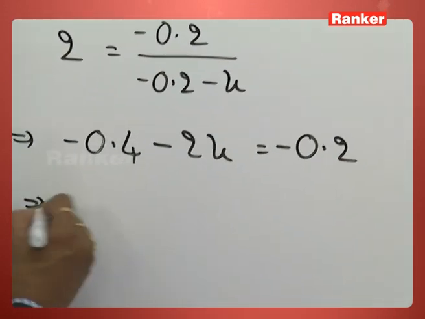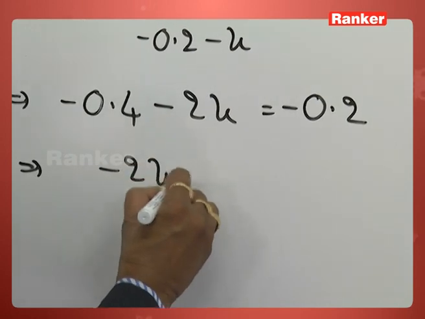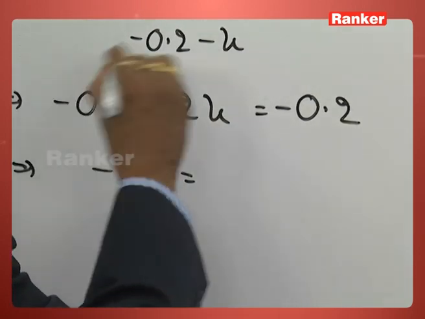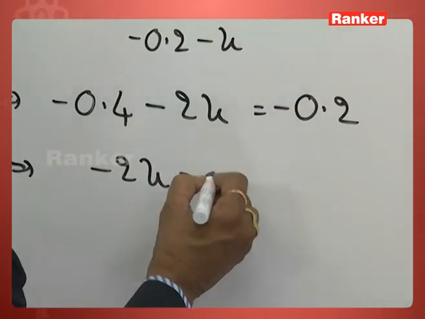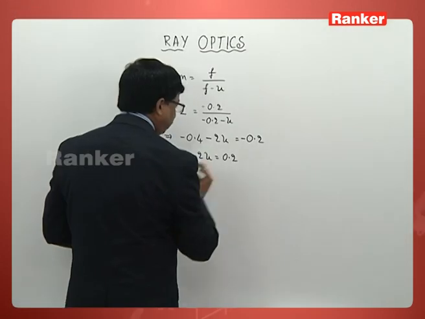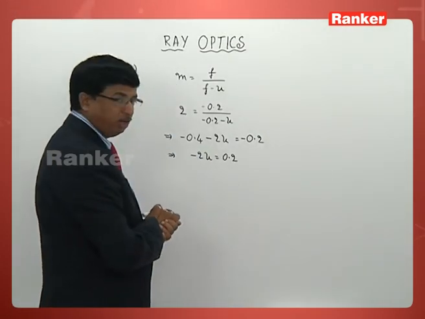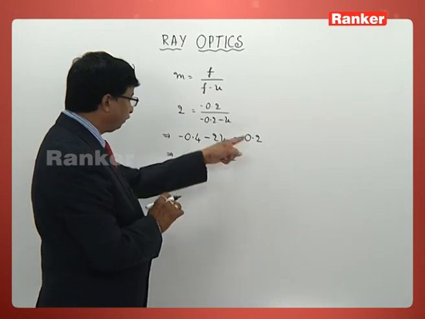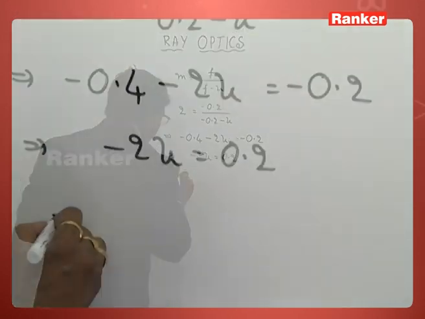So what can we write now? Minus 2u is equal to 0.4 going that side, 0.4 minus 0.2, with a positive value in this case. Now what will be the value of u?